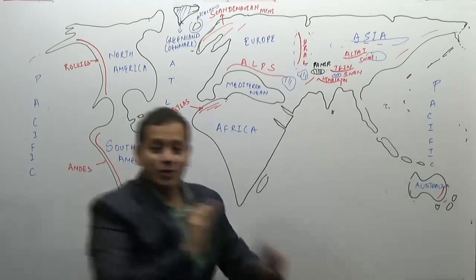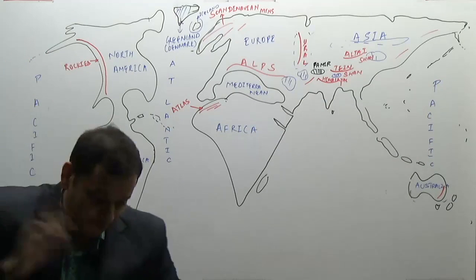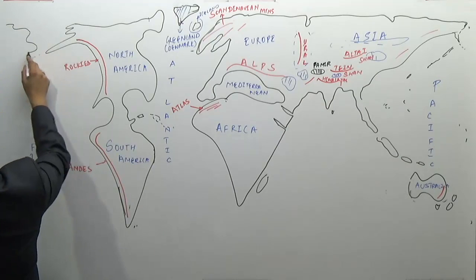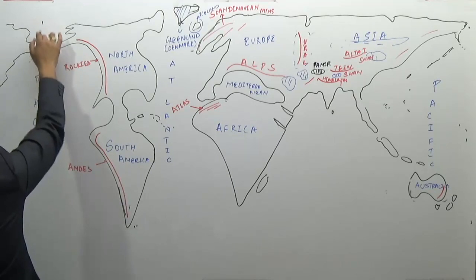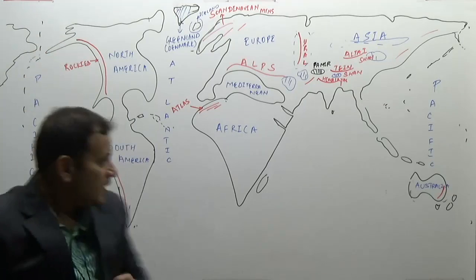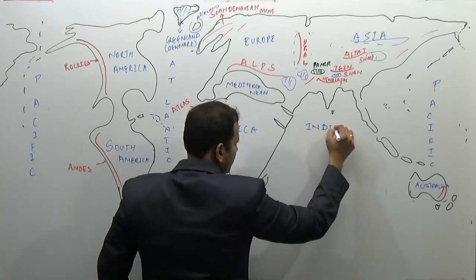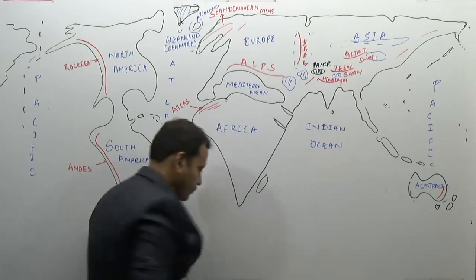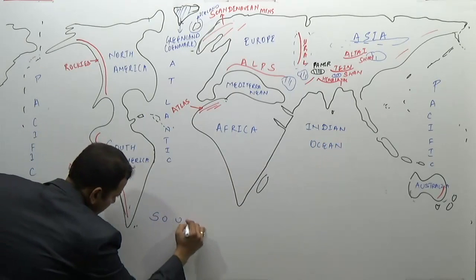Earth is round, so obviously these two parts of the earth are very near each other. If we look at the globe, it will look as if this is a part of Asia and this is the part of North America. On the globe it looks like this. So we have the Pacific Ocean. Other ocean, Indian Ocean. Then we have the Southern Ocean in this region.